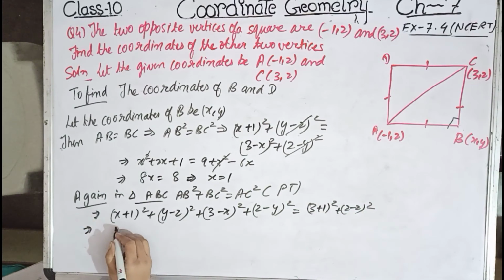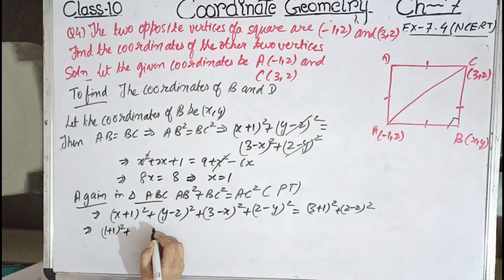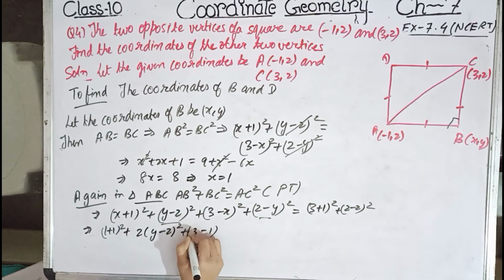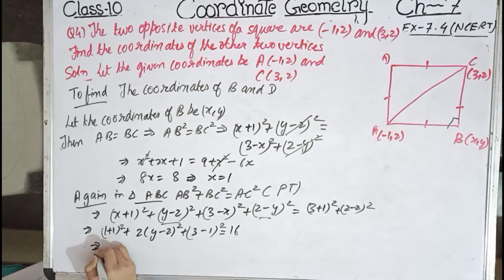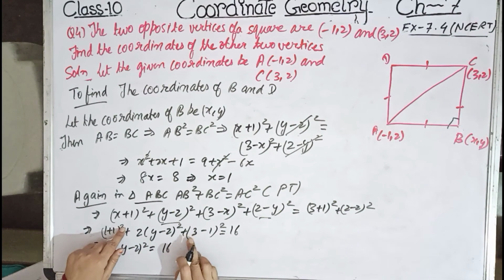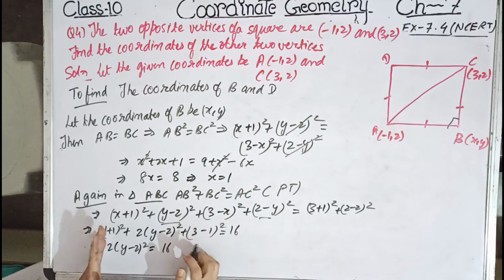Now let us put the value of x: (1 plus 1) whole squared plus twice (y minus 2) whole squared plus (3 minus 1) whole squared equals 4 squared, that is 16. So this implies twice (y minus 2) whole squared equals 16, and over here 2 squared is 4, over here 2 squared is 4, 4 plus 4 is 8, so minus 8, so this equals 8.